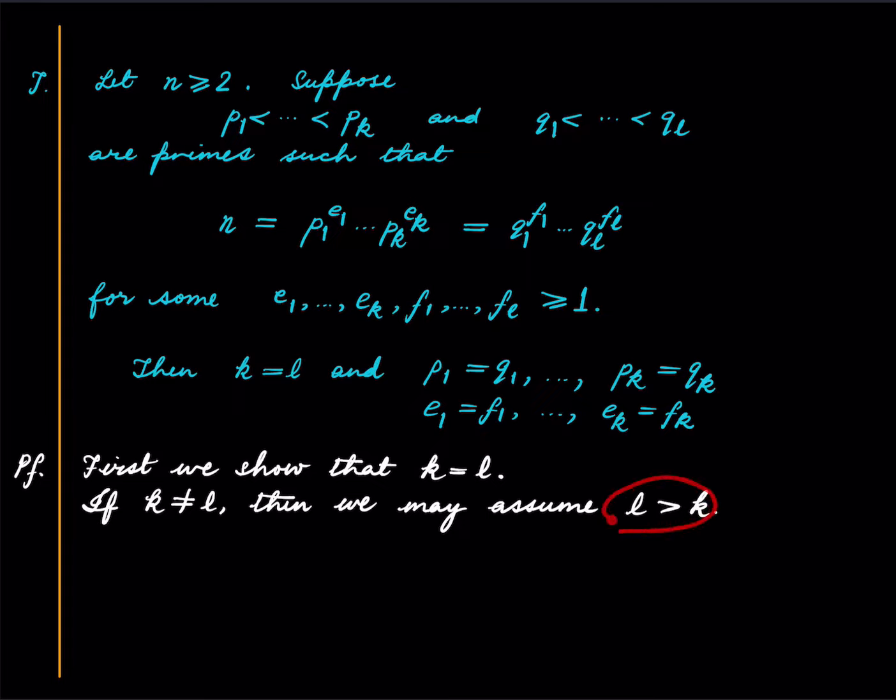So arguing here is enough to argue the opposite case. So that I will leave. I will just argue with this case. So suppose L is greater than K, and then we'll arrive at a contradiction basically.